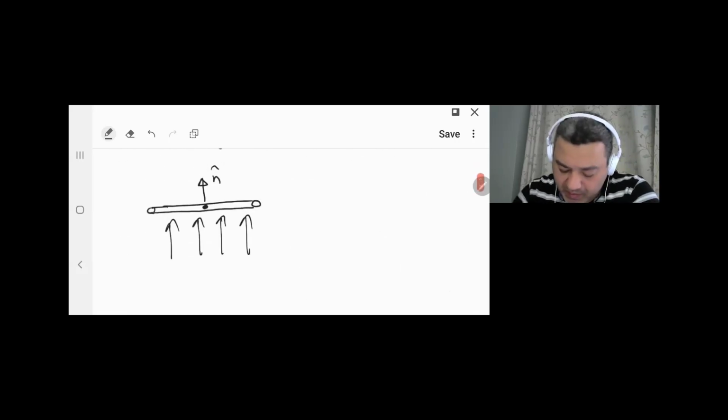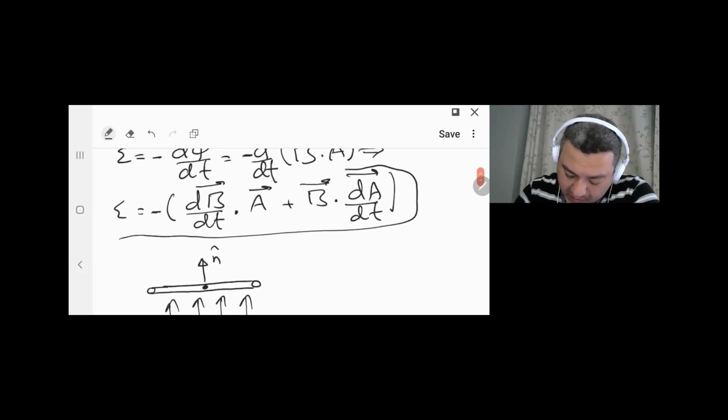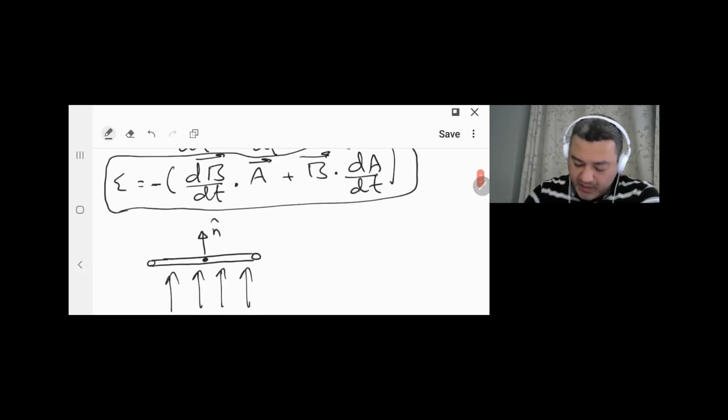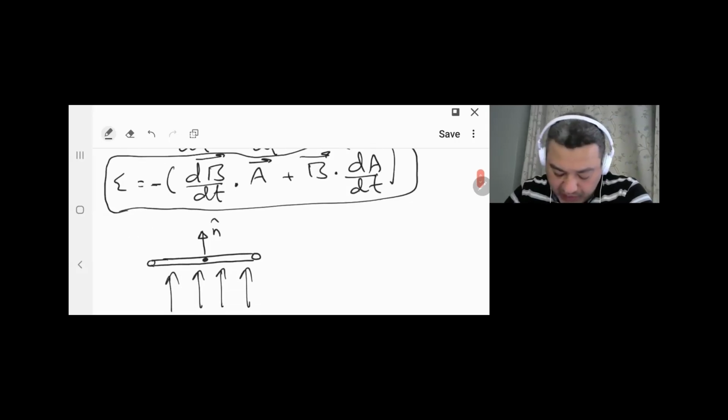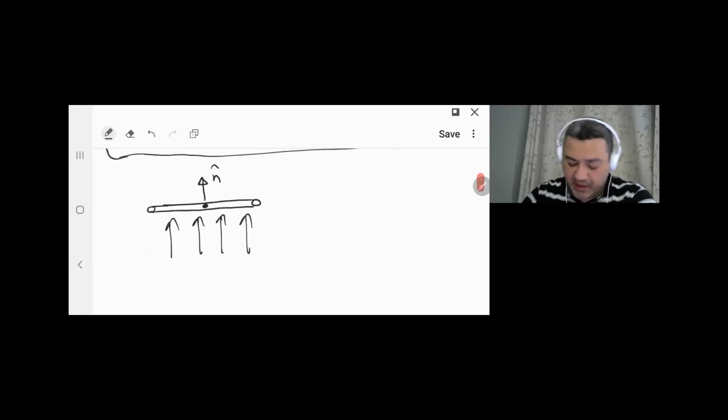Now, here, the derived electromotive force, if I'm to start with the dB over dt dot A, it means either the magnetic field here can vary with time, and the loop is stationary.